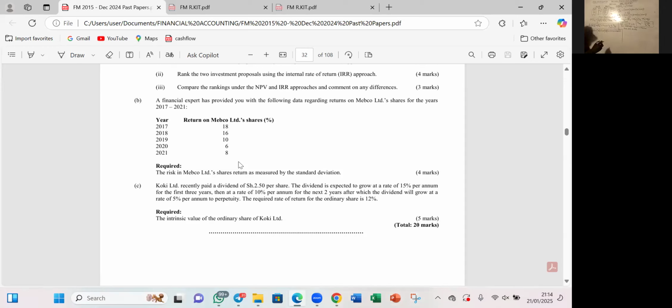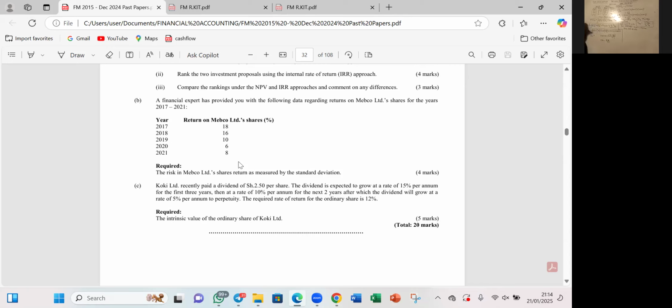So anasema you calculate standard deviation. So you need to compute variance first. The formula ndio hii. Nachukua summation of return minus expected return over n minus 1, because the number of items is less than 30. And then you also need to compute this expected return. How do you get the expected return? Is equal to the summation of the return over n minus 1.